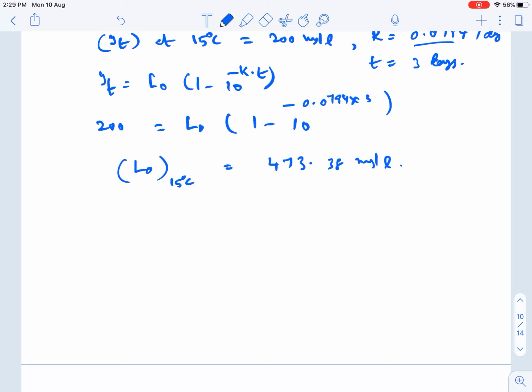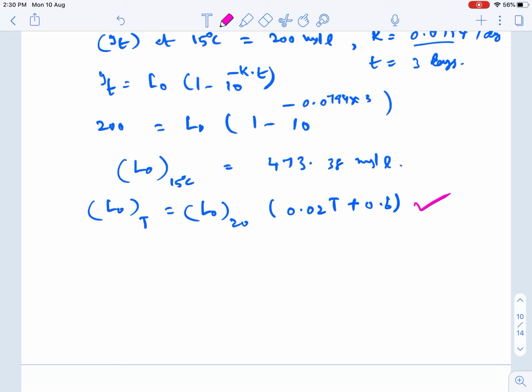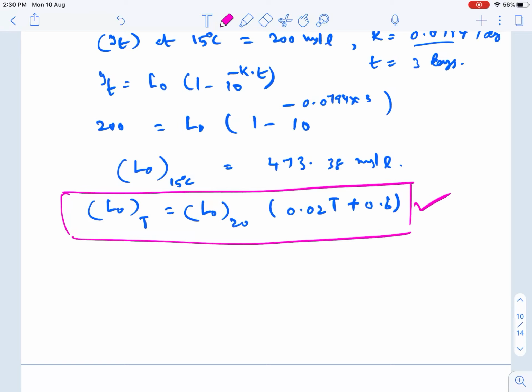So we require BOD exerted at 25 degrees. So first you have to convert this ultimate BOD at 25 degrees. So what is the formula for changing of this ultimate BOD? Ultimate BOD at any temperature T is equal to ultimate BOD at 20 degrees into 0.02 into T plus 0.6. So this is the formula you have to use to calculate the ultimate BOD at a different temperature.